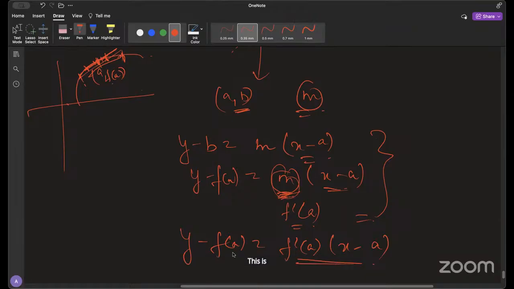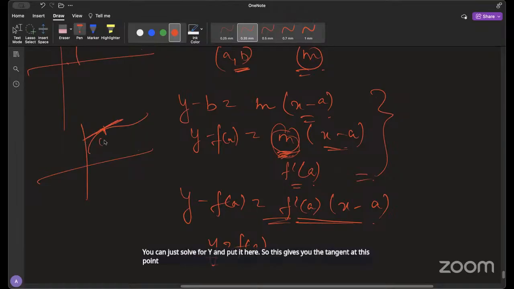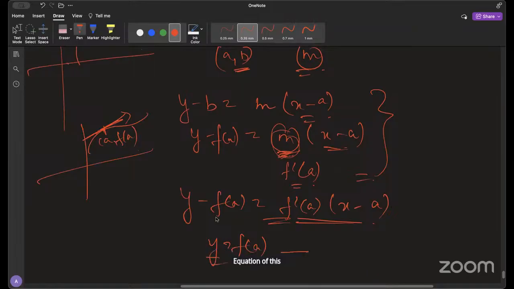You can just solve for y and put it here. So this gives you the tangent at this point, (a, f(a)). So this is the equation of this line. Is that fine?